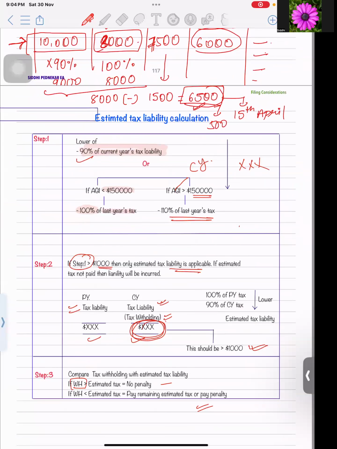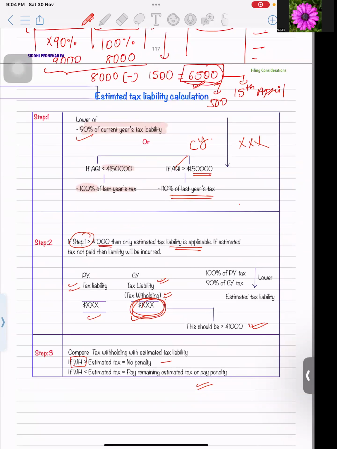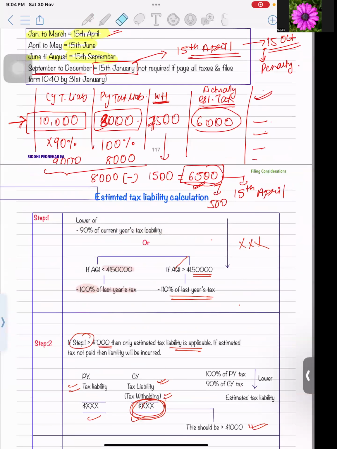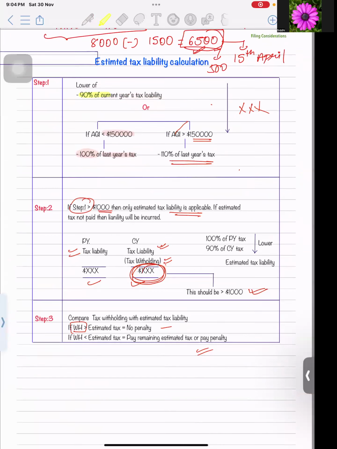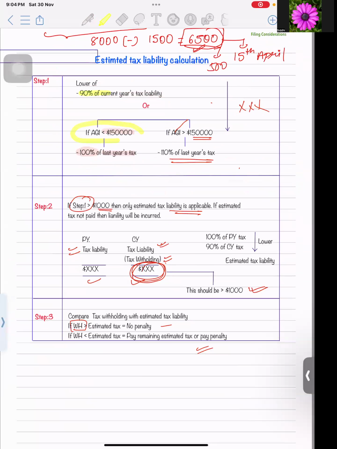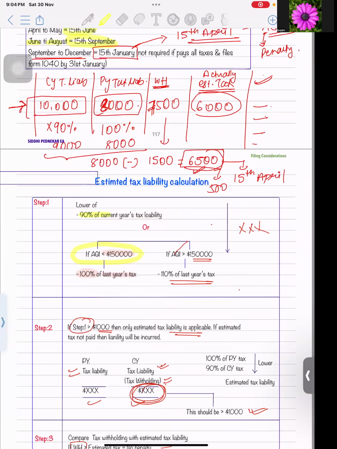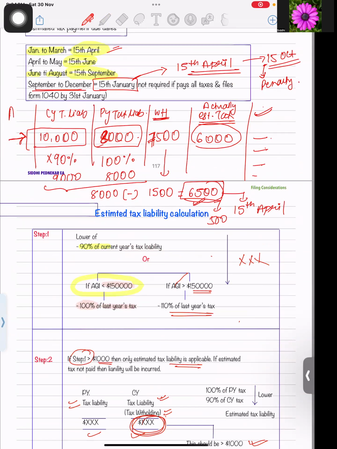Clear, guys? Next is the estimated tax penalty calculation. This is a stepwise calculation. You can follow these steps or you can just remember this table. That's fine. Lower of 90%, or if your AGI is, yeah, they'll also give you the AGI, not the total income. There was one more column, the AGI column was also given.